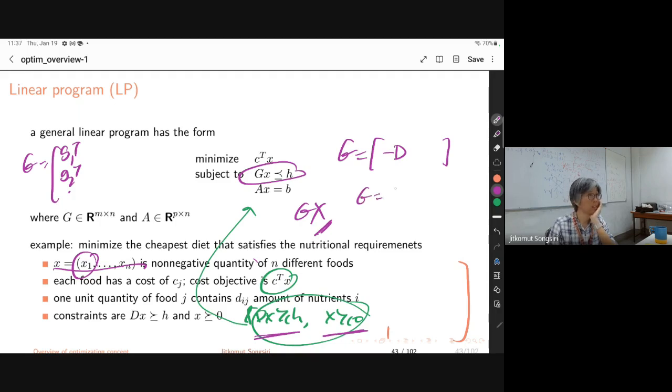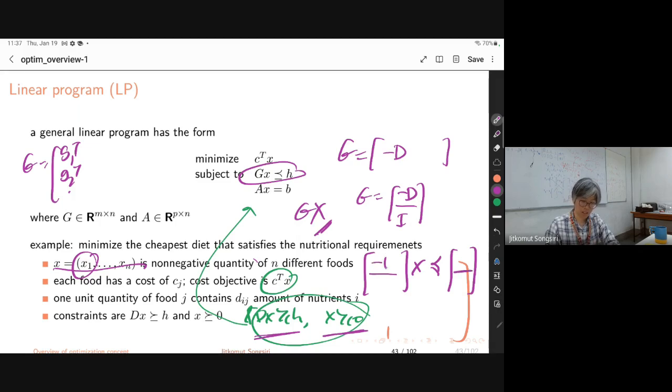So Manosha, do you think it is two row blocks or two column blocks? Two row blocks. Minus D and, let's see, x less than, right? Can you fill it on the left hand side? Minus D, x less than, what is this thing?